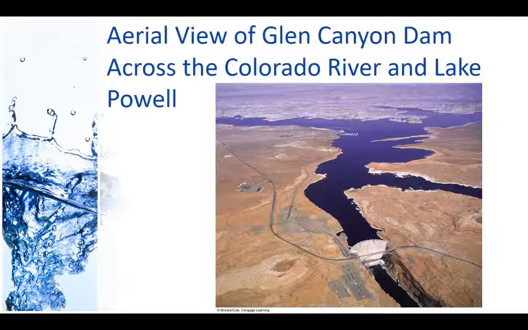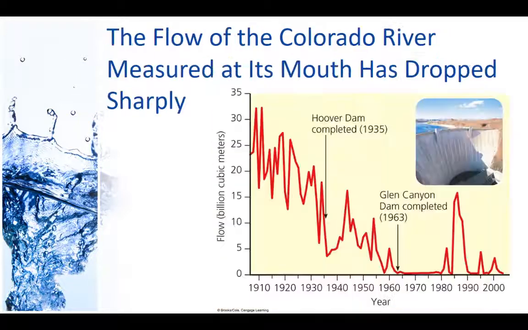And as we saw with our case study and talked about last class, the flow of the Colorado River has dropped dramatically. Okay. Once they completed the Hoover and Glen Canyon dams, the second one was completed in 1963, you can see how low the flow is in terms of billions of cubic meters of water.